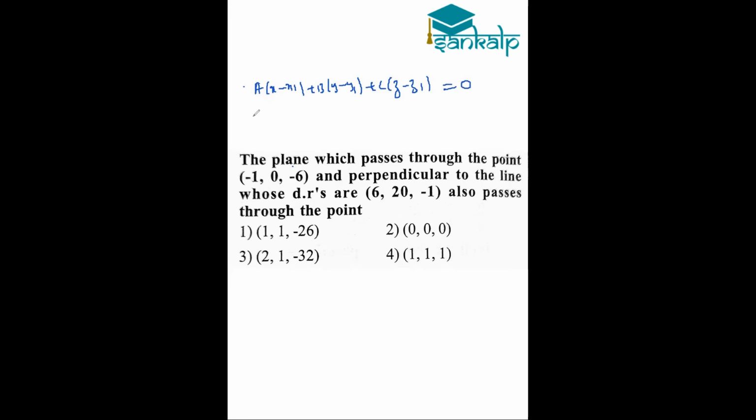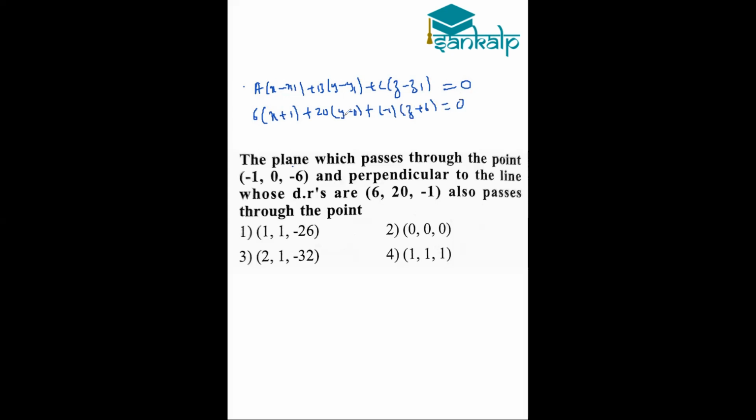On substituting these values, the point is (-1, 0, -6), so x1, y1, z1 take the values -1, 0 and -6, and the direction ratios are 6, 20, -1. So 6 into x minus of minus 1, which is plus 1, then 20 into y minus 0, plus minus 1 into z minus of minus 6, which is plus 6.